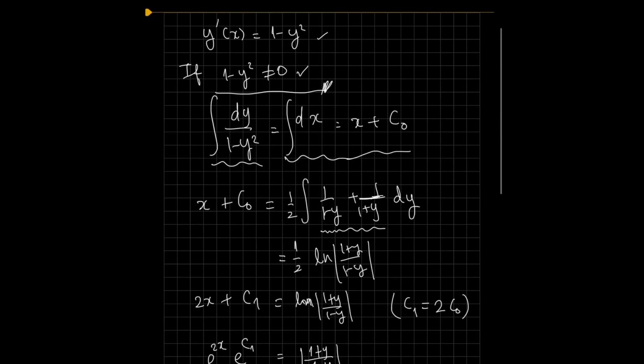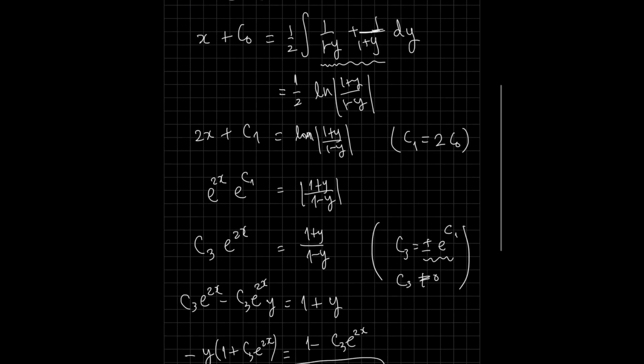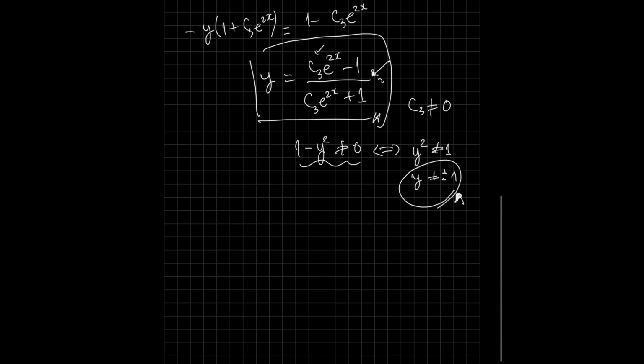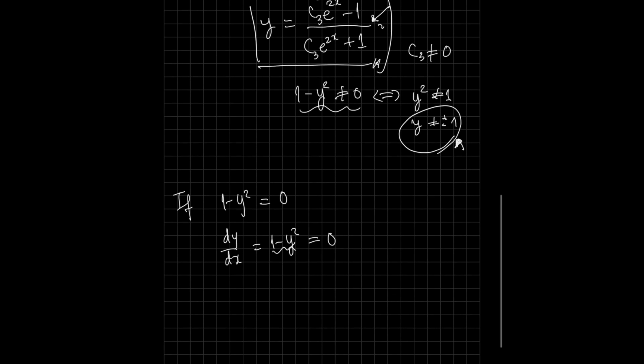So let's take the other case in which 1 minus y squared equals 0. So if 1 minus y squared equals 0, then what we have is dy dx, and this is the given, and because this is 0, then we just have 0. And so we have y equals some constant c.